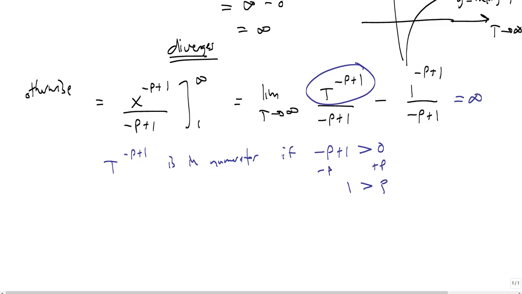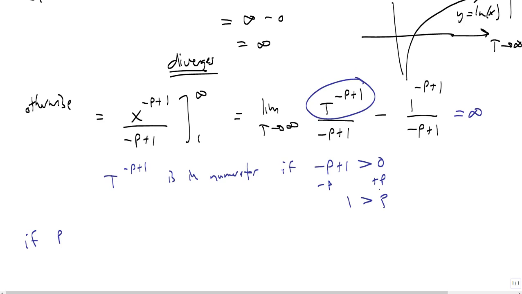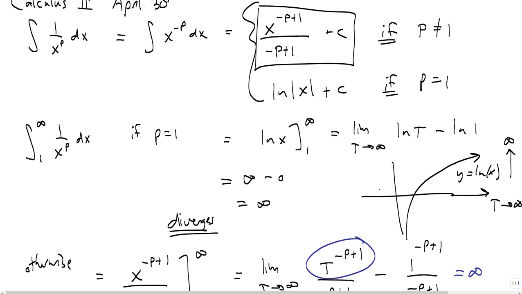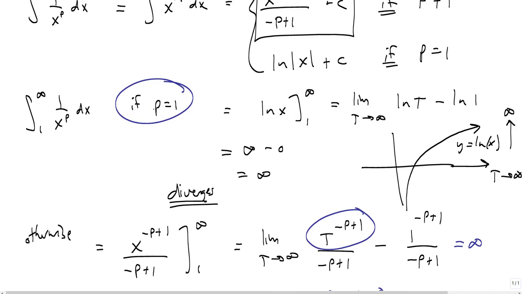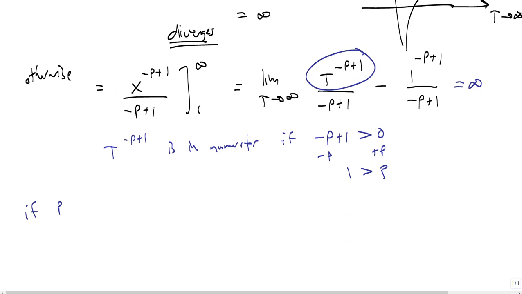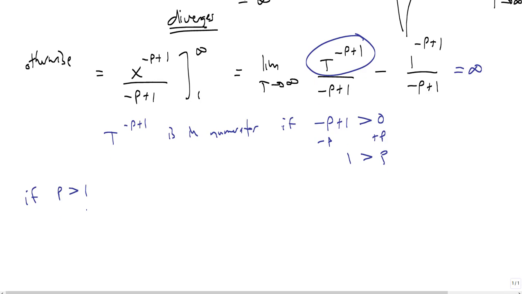We've talked about p less than 1, and we've talked about p equals 1. The real question is, what about p greater than 1? Maybe it helps to look at an example. If p is greater than 1, we're talking about something like the integral from 1 to infinity of 1 over x to the 4th power.